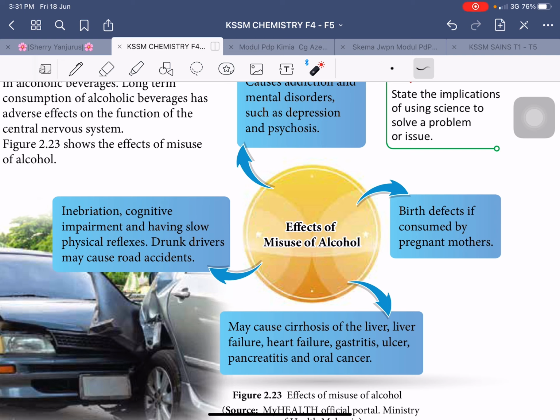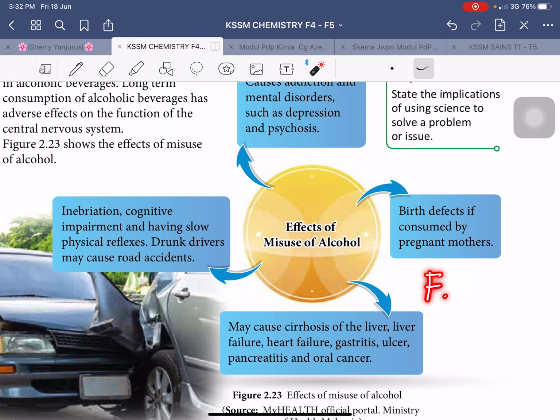Drunk drivers may cause road accident. Why? Because the thinking is not normal, slow physical reflex and drunkenness. Second, birth defects if consumed by pregnant mother. Okay, a baby with defects can be born when the pregnant mother consumes too much alcohol.